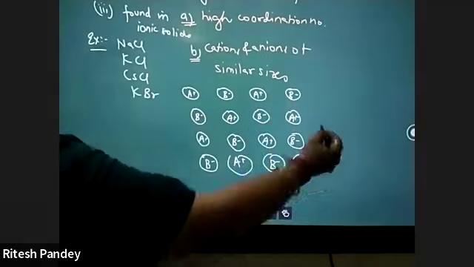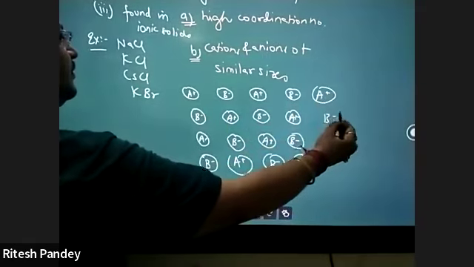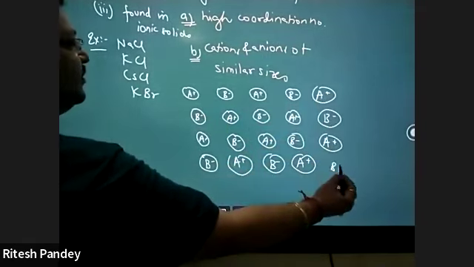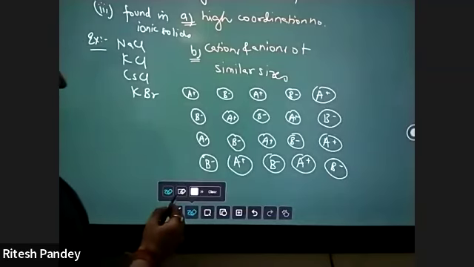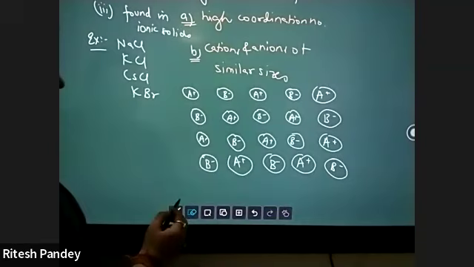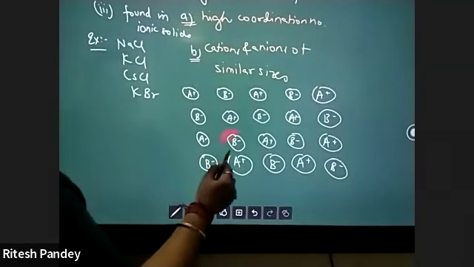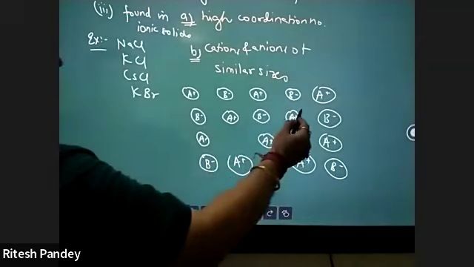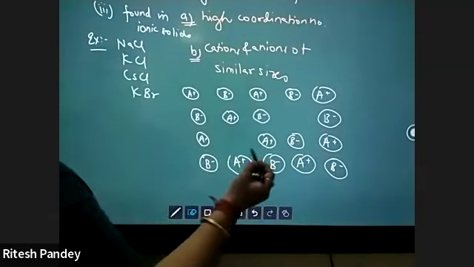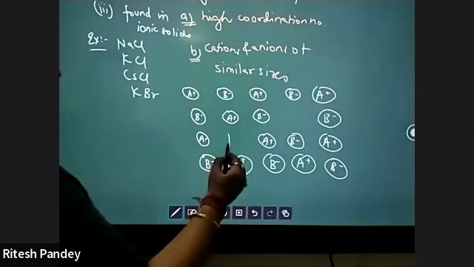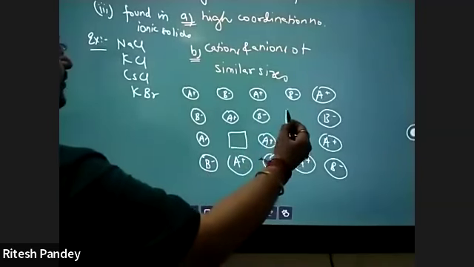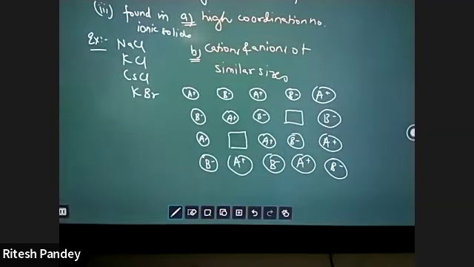Obviously it's three-dimensional across the length, breadth, and height. Say if this B is missing, so is an A here. So if this is a vacant site, this is another vacant site. Number of cations and anions missing are equal.